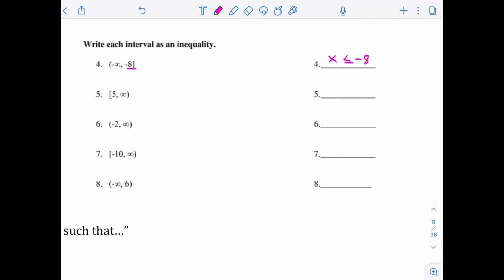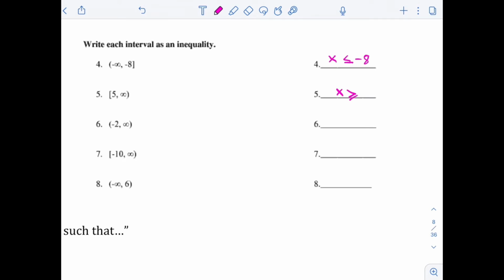So for this one, it starts at 5. With a bracket at 5, and then it goes all the way to positive infinity. So that means the variable x would be greater than the number, but it's also equal because the number has a bracket: greater than or equal to 5.